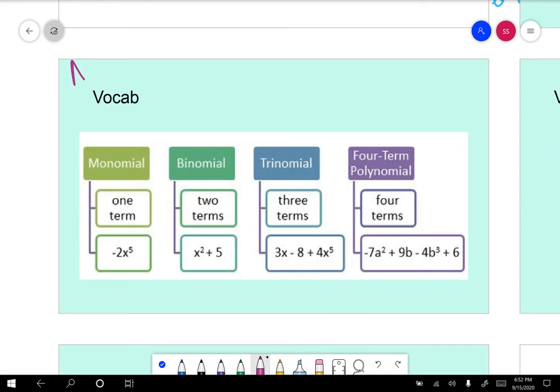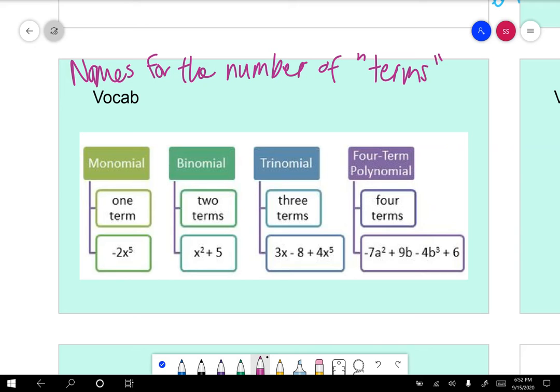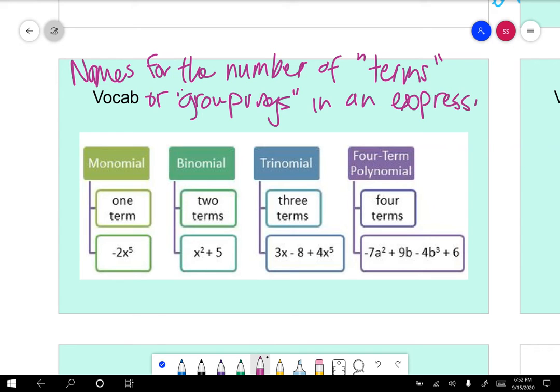These are names for the number of terms, and we'll go over what terms mean, or groupings, you could call them, in an expression. So that might be something you want to add to the notes if you printed them, or just write down separately so when you get the printed notes Monday with the Monday pickup, you can add it to it.